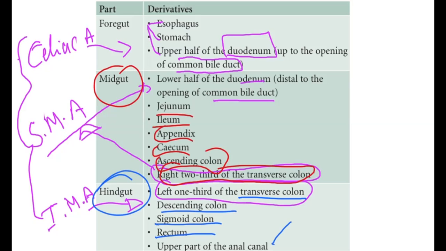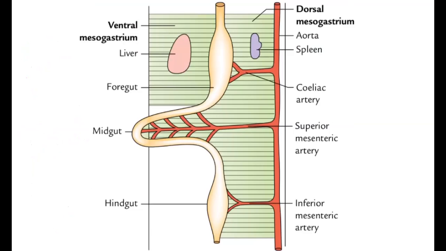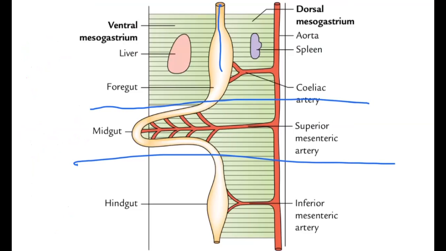So this is very easy. As you plunge into the abdominal organs, you'll remember all these things. See, this is the foregut, right? Up to this part is foregut, up to this part is midgut, and this one is hindgut.